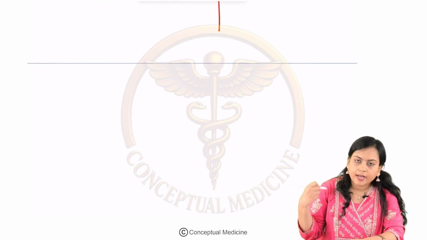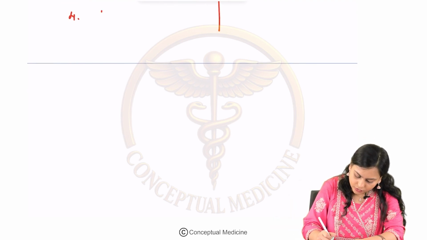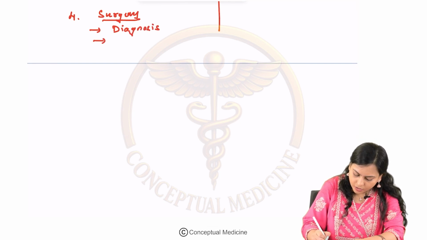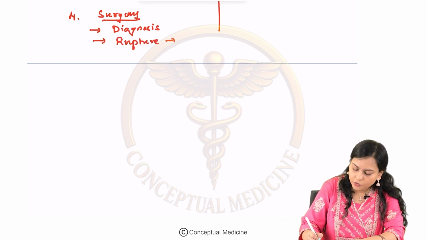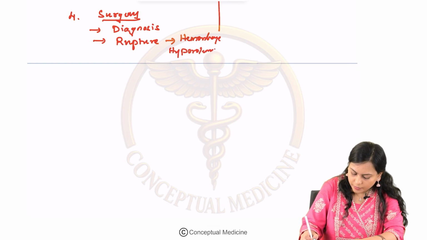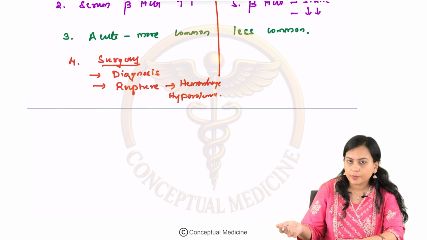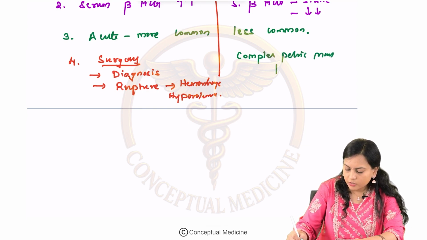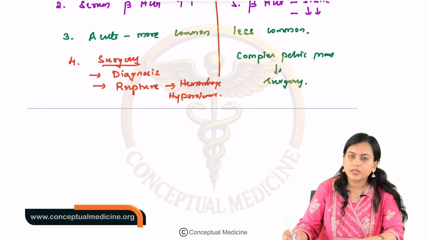And whenever there is an acute ectopic pregnancy, most of the time we go for surgery, for diagnosis, as we have seen with diagnostic laparoscopy, or when there is a rupture that has led to hemorrhage and hypovolemia. Usually in chronic ectopic pregnancy, there will be formation of a complex pelvic mass, so for this, surgery may be indicated.